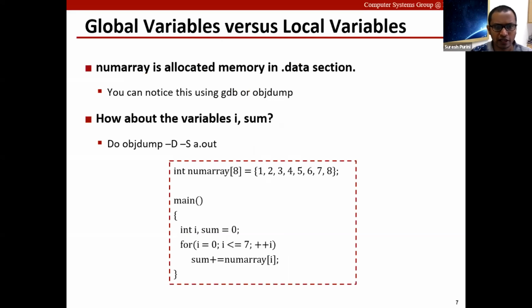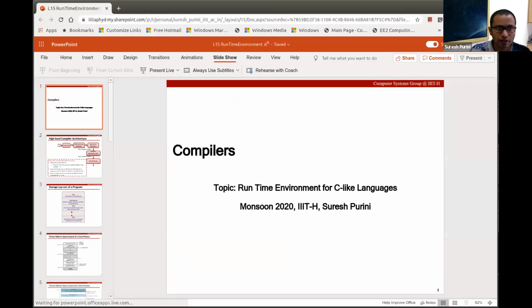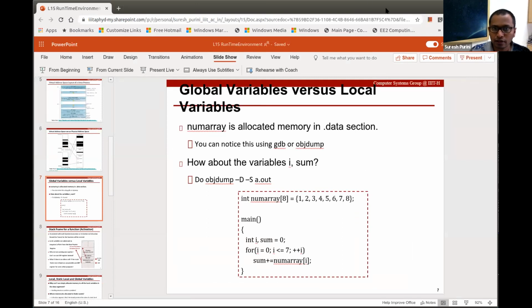So now let's take a look at where memory is allocated to global variables versus local variables versus static local variables, etc. So let's share my whole desktop.